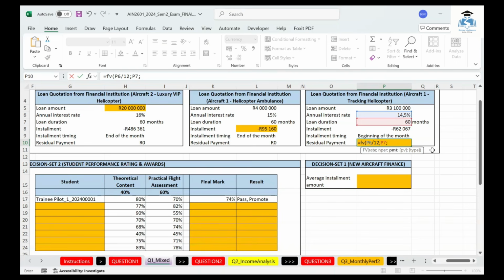And the payment is 62,097 years, and it's the FV. Also got the PV. And type is 1, at the beginning of the month. So take note of that. Now they said beginning of the month, so we put 1.